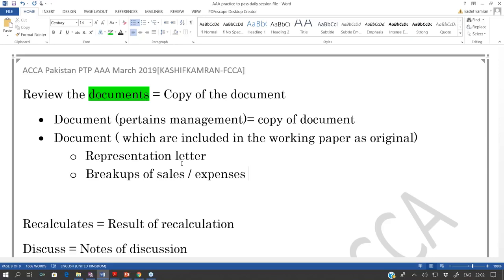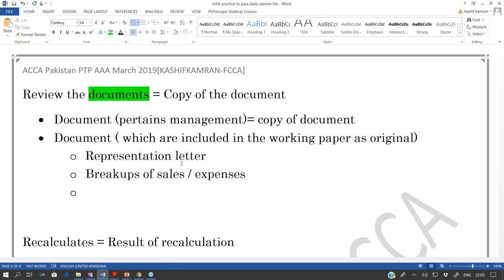So breakups will never come as copy in the exam paper. Breakups will come directly as original in your working paper file. Then something like the financial statements. If I put the financial statements in my file, I'll not say copy of the financial statement. I'll directly say draft financial statements.